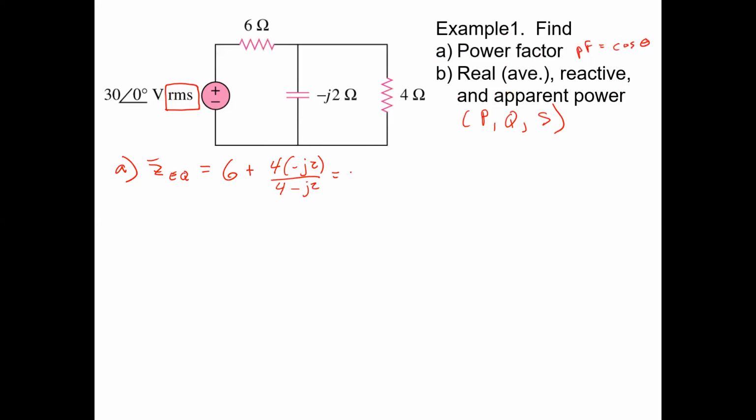And that is going to be 7 altogether, I guess, 7 angle minus 13.24 ohms. So this is the angle theta. It represents the phase difference between the voltage and the current phases.